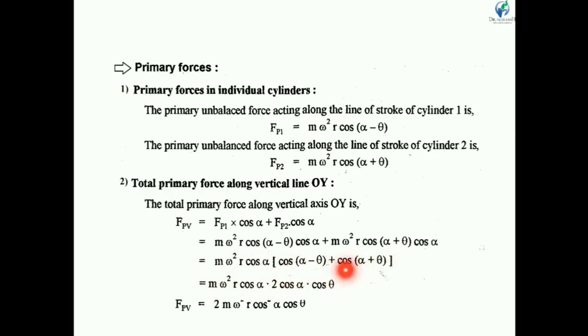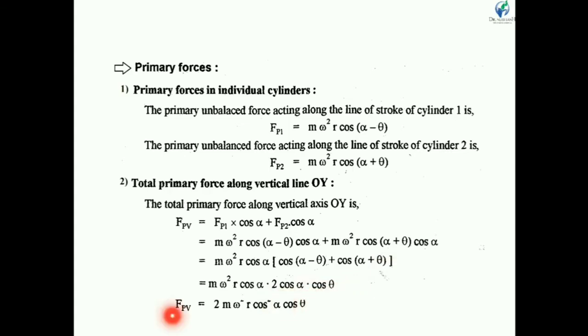If we expand these two terms, cos of alpha minus theta means cos alpha cos theta plus sin alpha sin theta. And cos of alpha plus theta means cos alpha into cos theta minus sin alpha sin theta. So here there is a plus sin alpha sin theta and here a minus sin alpha sin theta, so those terms are nullified. Only 2 times cos alpha into cos theta remains.